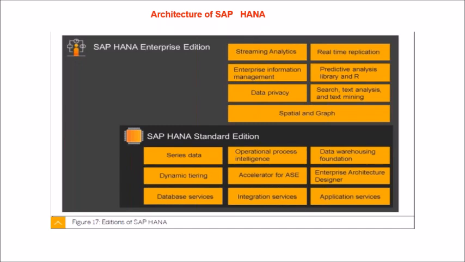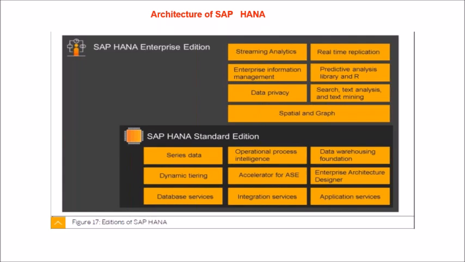Standard Edition consists of all the core components, or you can say the core process, like database services. You have the basic application services like Access Engine, the dynamic tiering, all these that they mention here.